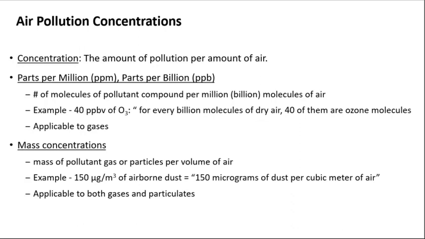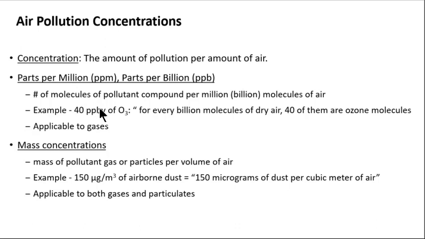Air pollution concentrations instead represent the amount of pollutant per overall amount of air. There are two main ways air pollution concentrations are typically expressed. The first, as we have presented throughout preceding lectures, is parts per million or parts per billion.